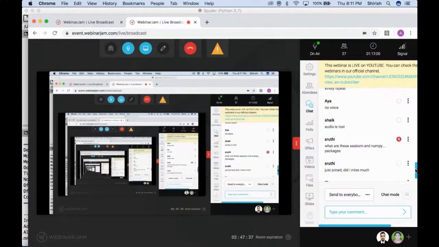Shruti, these NumPy and Seaborn packages are packages from Python, where NumPy is for normal calculations, right? Your math calculations, but Seaborn is a package for more visualizations, better visualization. You can add colors, you can do n number of variables at a time. So you have something like a scatter plot, right?